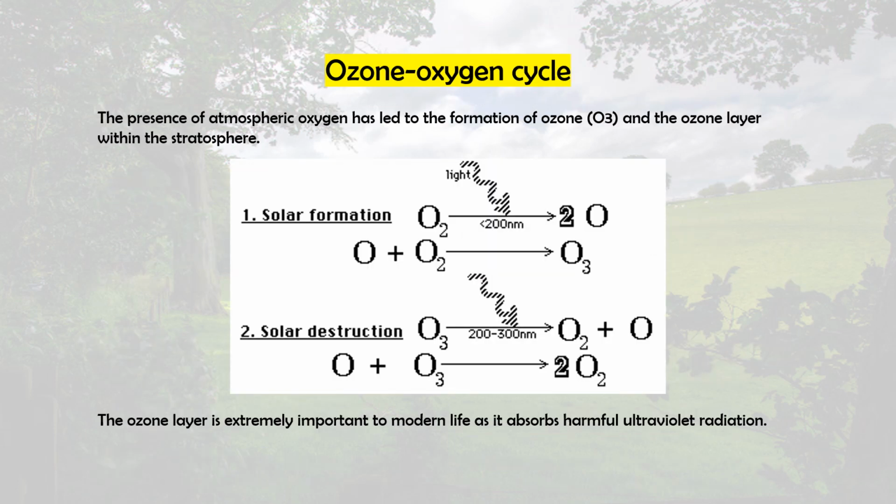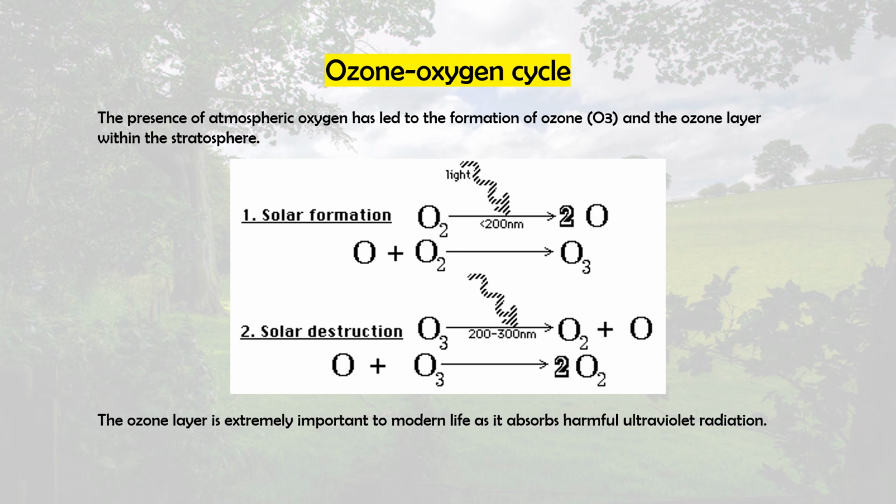Now there is a small source of release of oxygen into the atmosphere through the ozone-oxygen cycle. This happens when ozone is split into oxygen and free radical oxygen atoms, and how it is done we will discuss here. The presence of atmospheric oxygen has led to the formation of ozone, O3, and the ozone layer within the stratosphere.